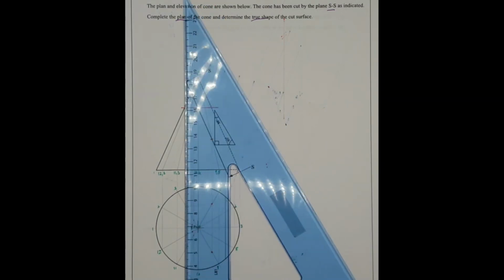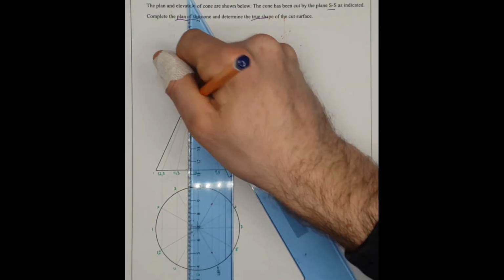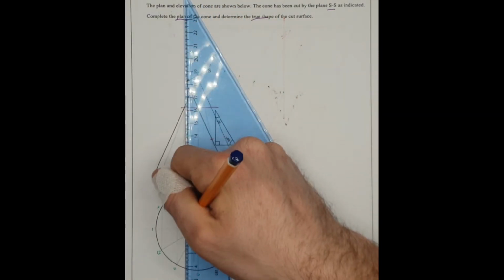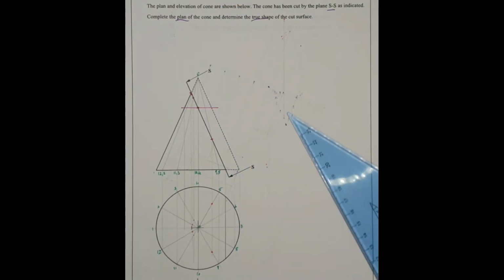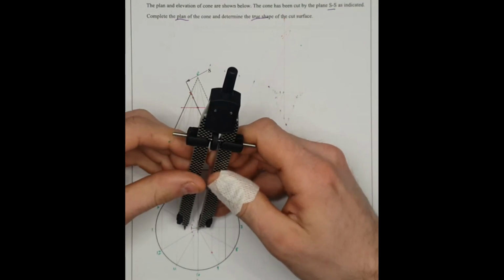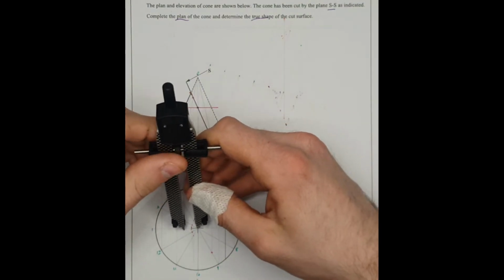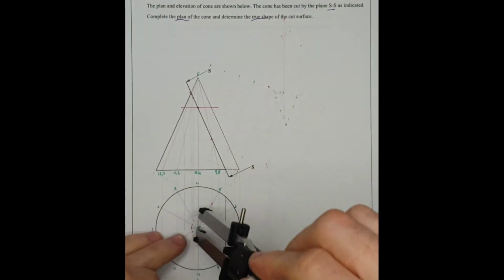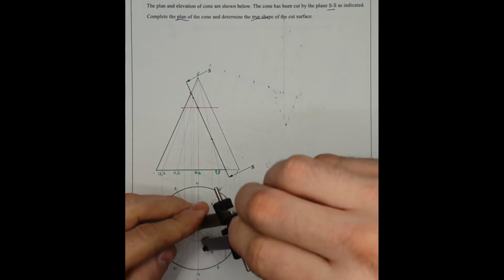A horizontal section through a cone will give me a circle. So I'll just take the radius of that circle down, and I'm going to draw that circle in plan. Semicircle is plenty. No need to draw the full thing.